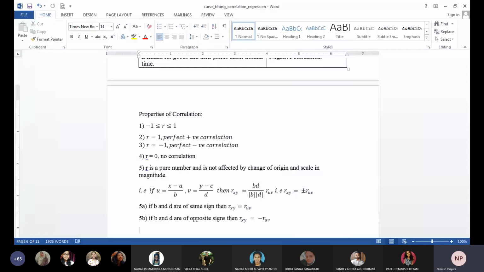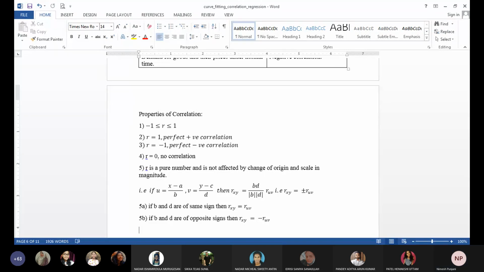That means if you take u as (x minus a) upon b, and v as (y minus c) upon d, then r xy will be given by bd upon |b| times |d| into r uv.